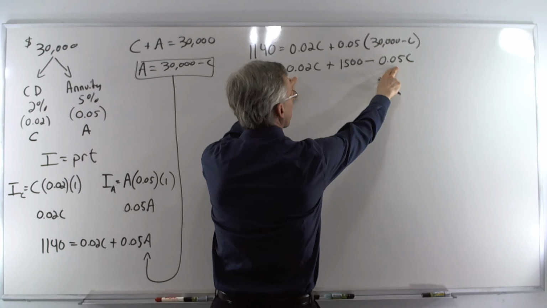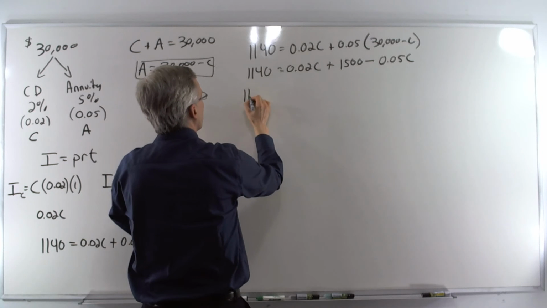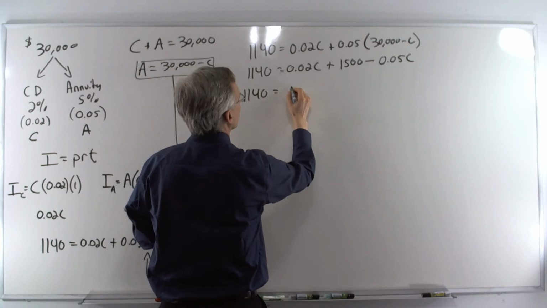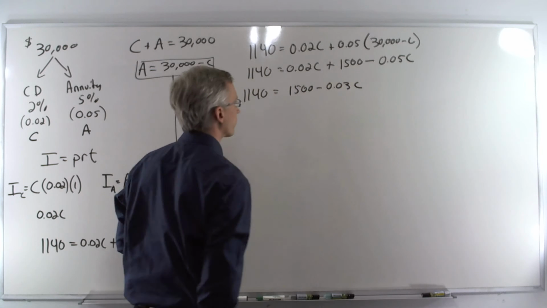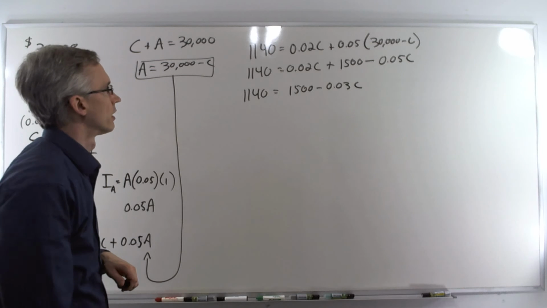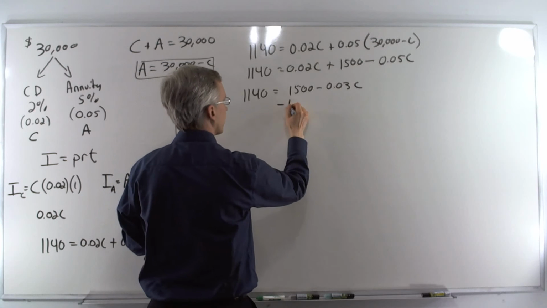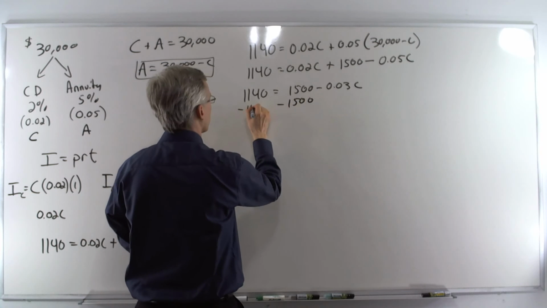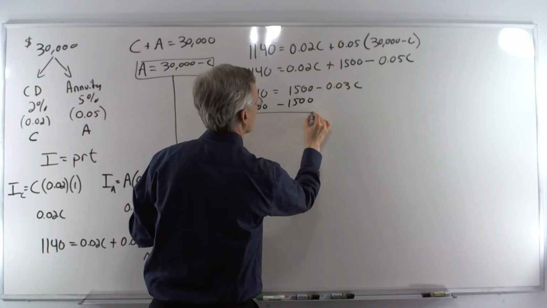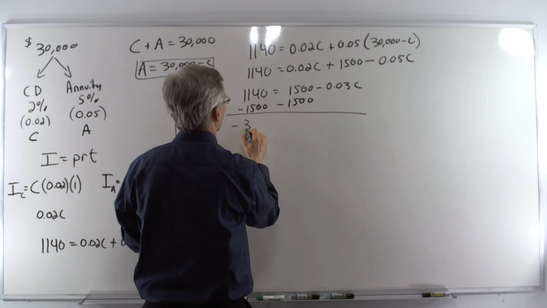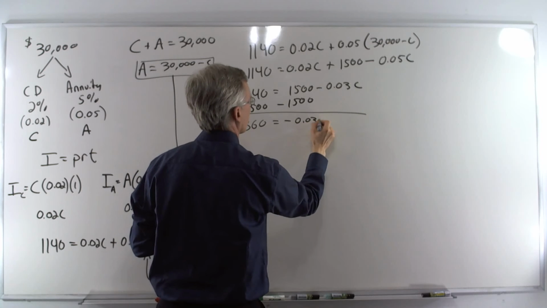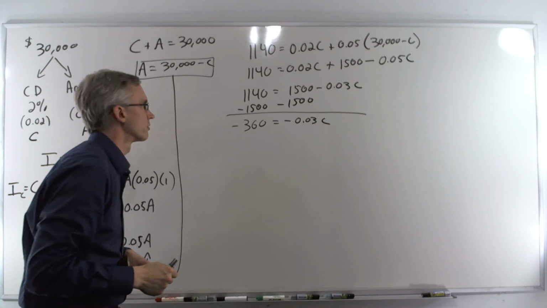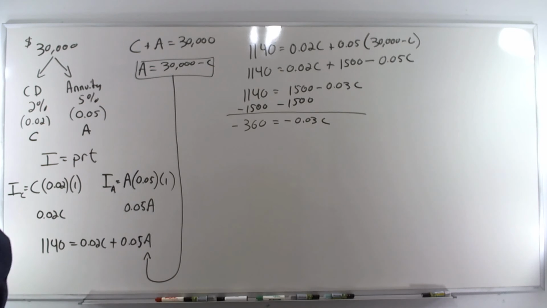0.02C minus 0.05C. That's negative 0.03C. All right, now we can combine these two, subtract 1,500 from both sides. So that gives us negative 360 equals negative 0.03C.